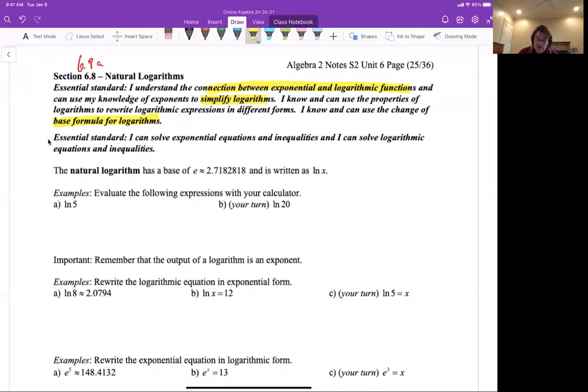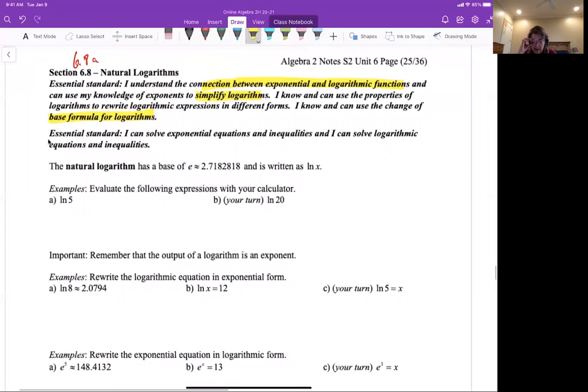The natural logarithm has a base of e, which is approximately 2.7182818, and so forth. It goes on forever and can be written as ln of x, which is log natural of x. It has a base e, which is implied and not written.